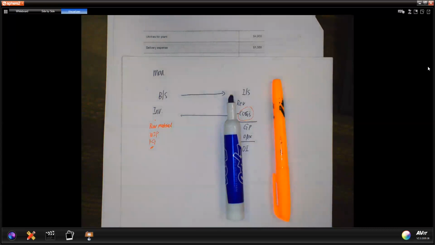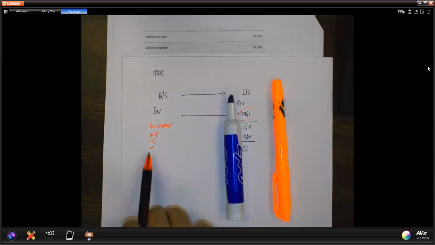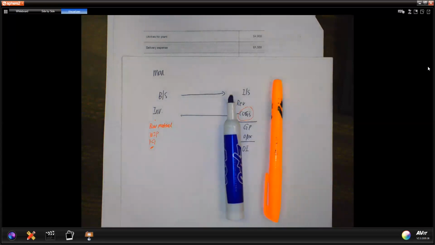So when we sell finished goods, we do beginning plus production equals ending inventory plus cost of goods sold. But how do we get the finished goods? The one extra step is we have to calculate the finished goods first.